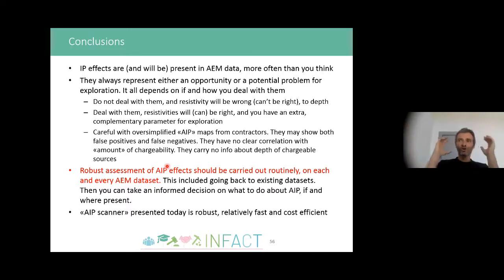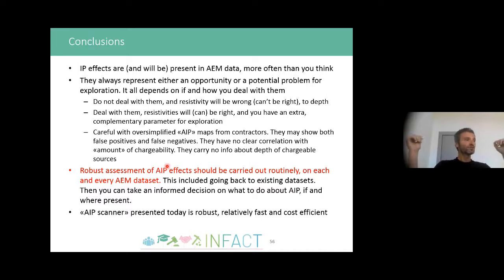I'm not saying you should model the hell out of it with IP, but at least you could run an airborne IP scanner on each of them, and you would know whether the conclusions anyone had come to based on the airborne EM done back then were sound, or whether they had to be flawed because the IP effect hadn't been taken into account.